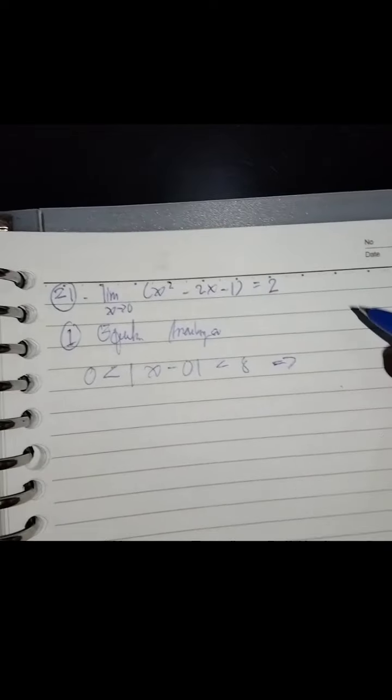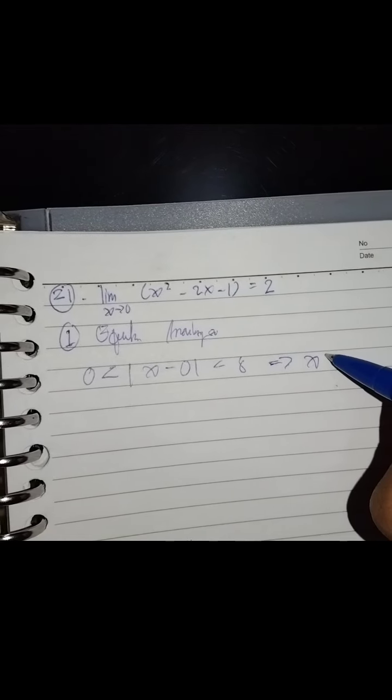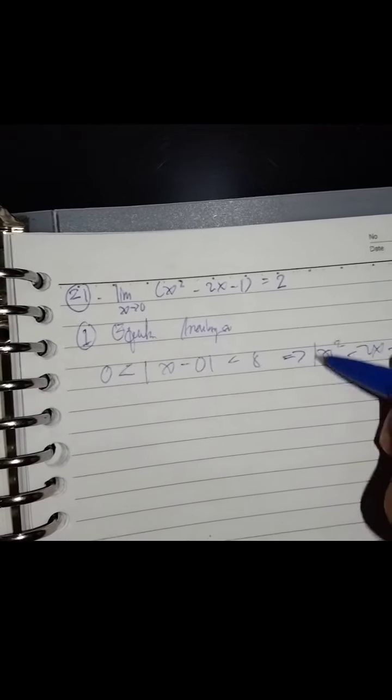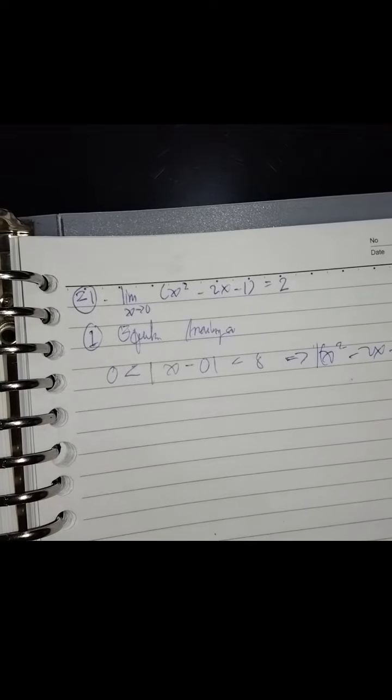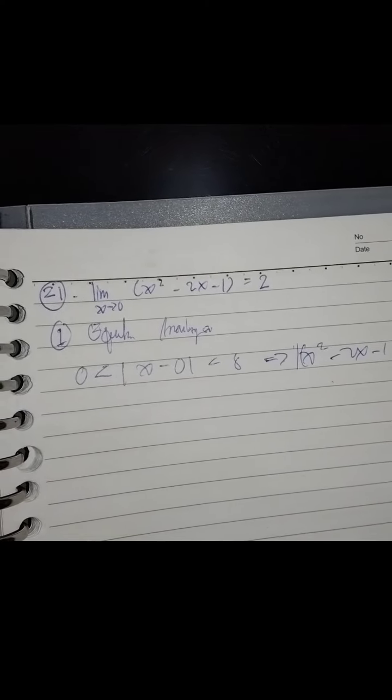So this is referred to the absolute x squared minus 2x minus 1 minus 2, and then it is smaller than epsilon.